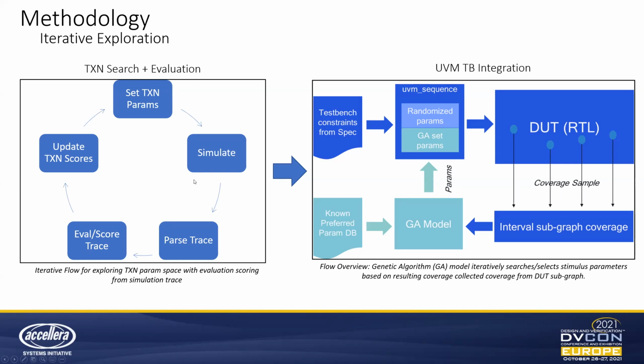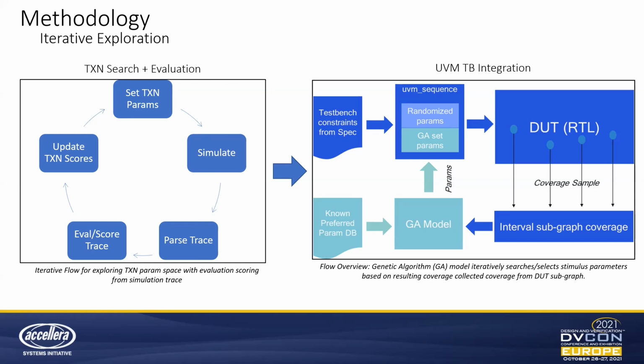So this entails setting the transaction parameters, or what we want our stimulus to be, simulating on the DUT, parsing the outcome, and then scoring these transactions related to their covered outcomes, updating our known transactions which are good, or updating these scores to our transactions, and then continuing on in an iterative fashion to evaluate a set of transactions which we know from the input space.